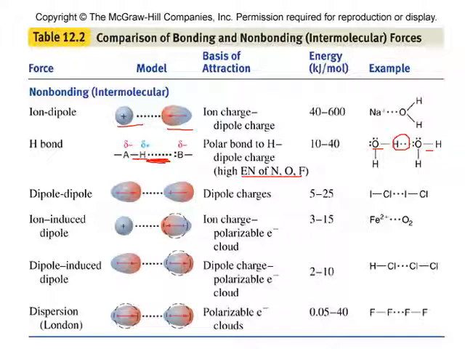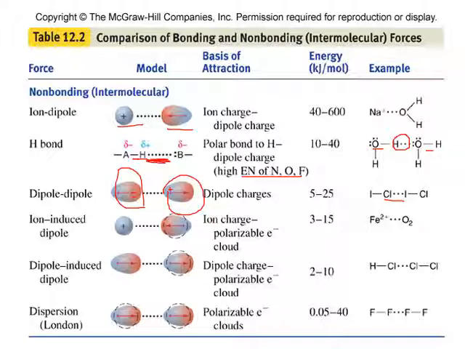Both have dipole, and this one also has dipole. So positive meets negative charge, for example. The electronegative side meets the electropositive side. For example, this one, ClCl is dipole charge.